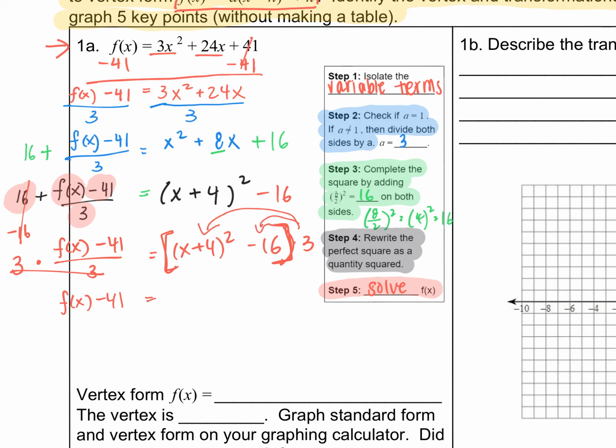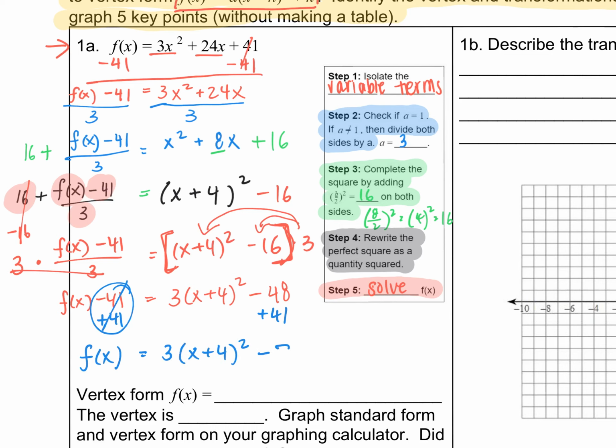So what I end up with on the right is 3 times x plus 4 squared minus 48. The last thing we need to do to isolate f of x is to add 41 on both sides. And we have f of x is equal to 3 times quantity x plus 4 squared minus 7.